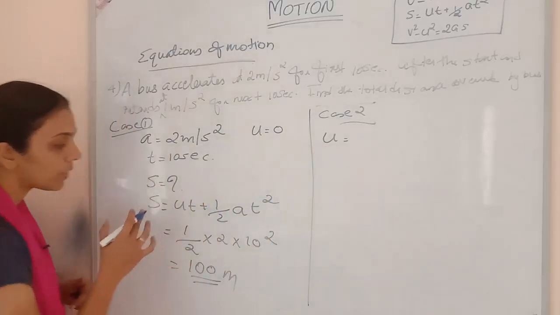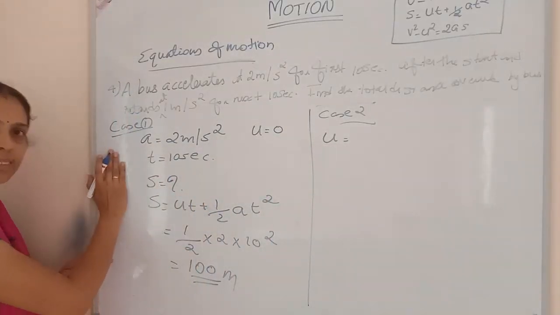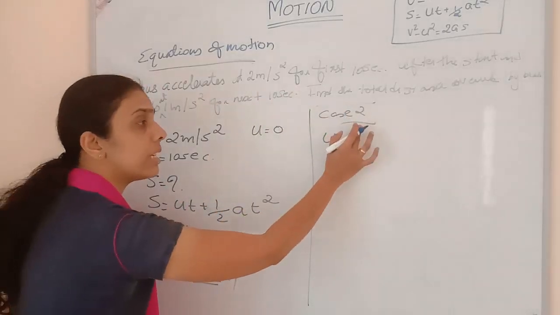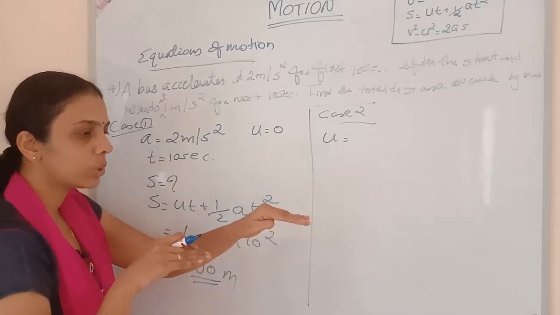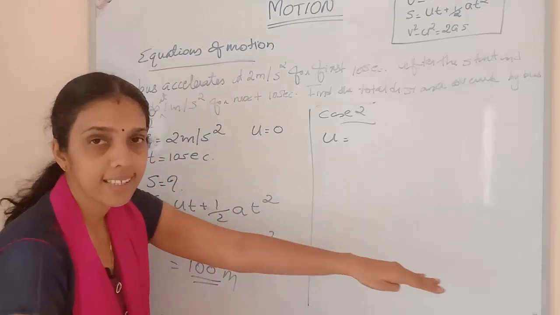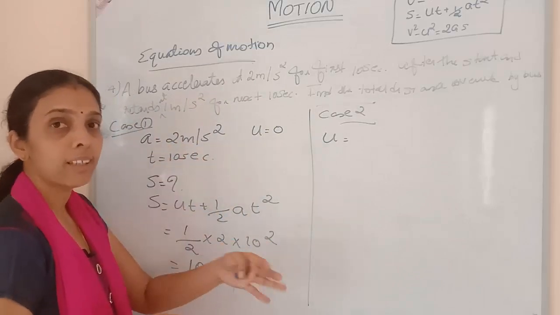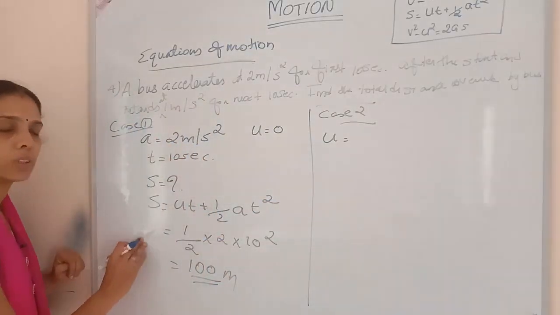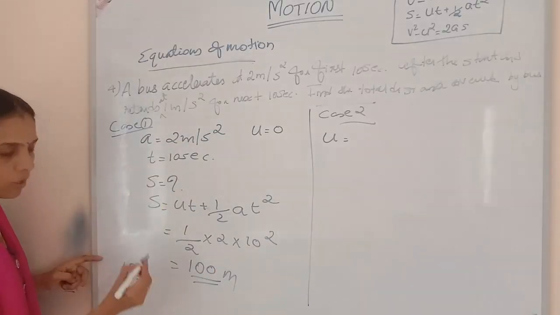So first we need to find out the final velocity here. That will be the initial velocity in case 2. What will be the initial velocity when it was retarding? That will be the final velocity of the first case. So here you should find out the final velocity.